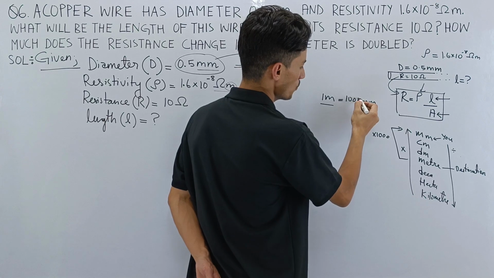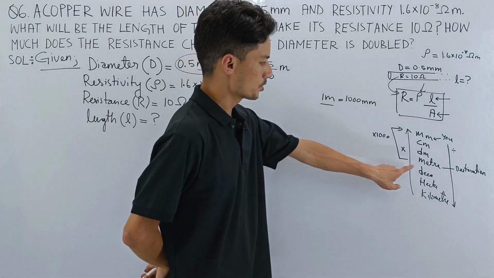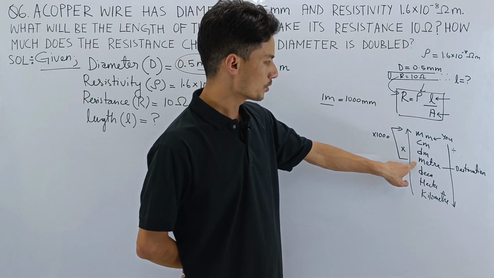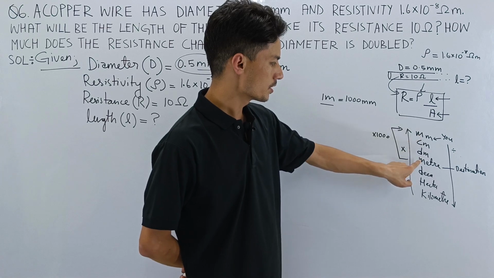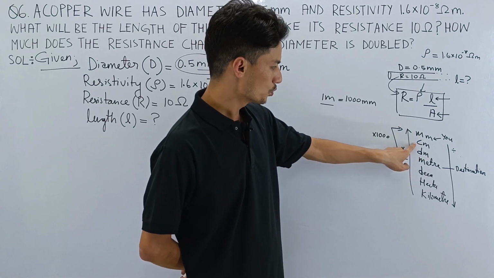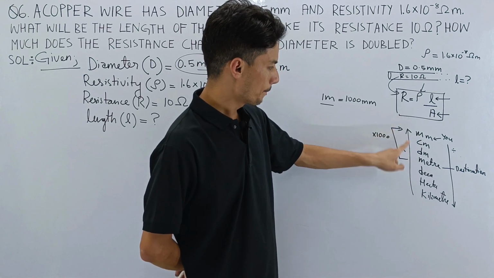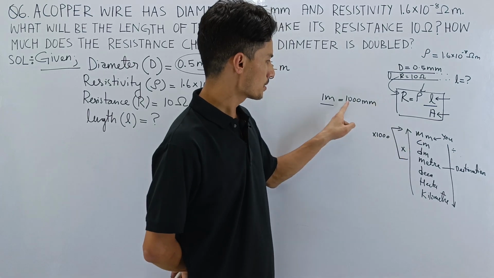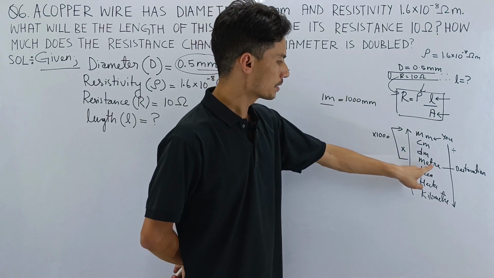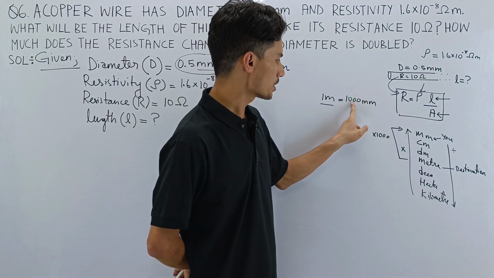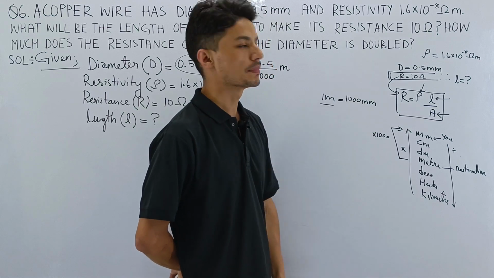It will be 1000 millimeter, because you are here and you want to convert to this one, this is your destination. How many steps do you take? 1, 2, 3. You are going up. From meter to millimeter, you are going up, that means multiplication. So while converting meter to millimeter, it will be multiplication by 1000. So it will be 1000 millimeter.